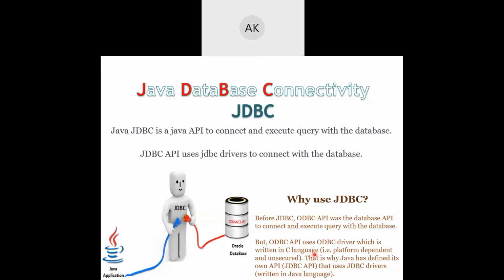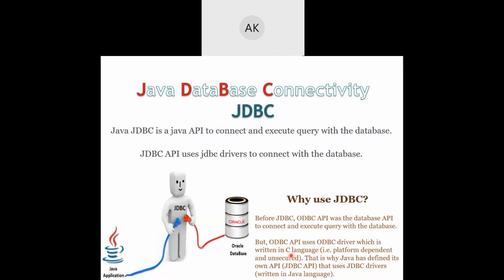We cannot copy an .obj file into another system and try to execute it there. It will not work. Whereas Java's files are platform independent. If we copy the .class files into another system of a different environment, that .class file will still work there. There will not be any issue.